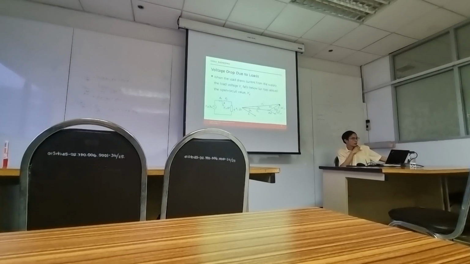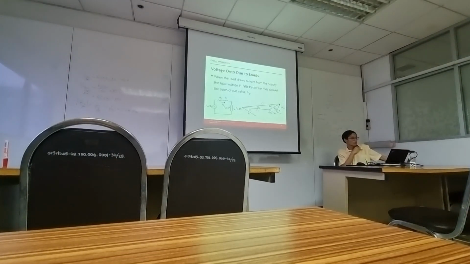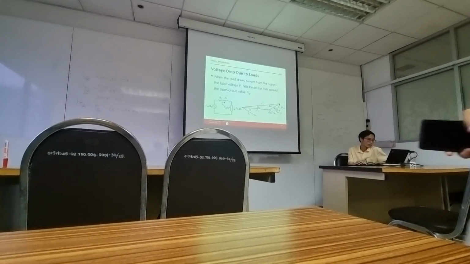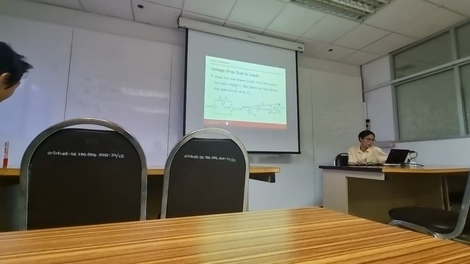Today we will talk about how to calculate the voltage at the load. When the load draws current from the supply, the load voltage will fall below or rise above the open circuit voltage Vs. Suppose we have this single phase representation.